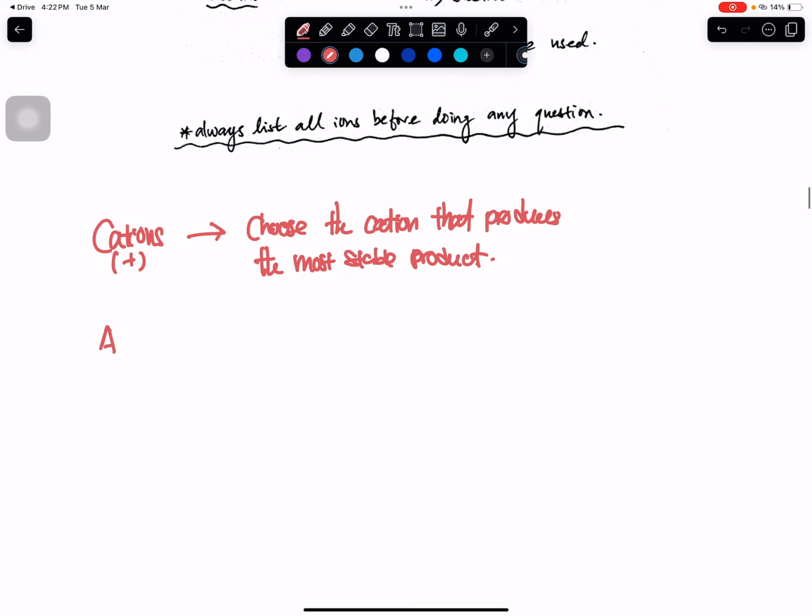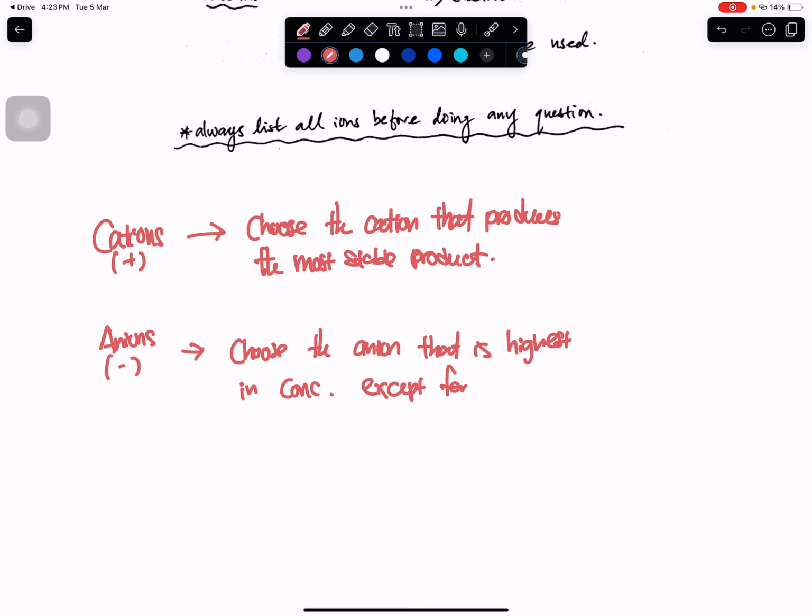And for your anions, you will choose the anion that is highest in concentration, except for NO3 minus, SO4 2 minus, CO3 2 minus, and NH4 plus. So apart from these four, you can choose the anions that are highest in concentration.